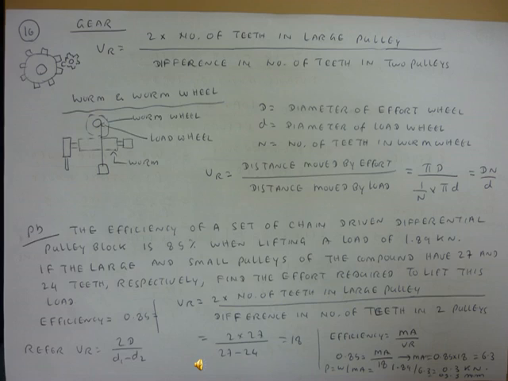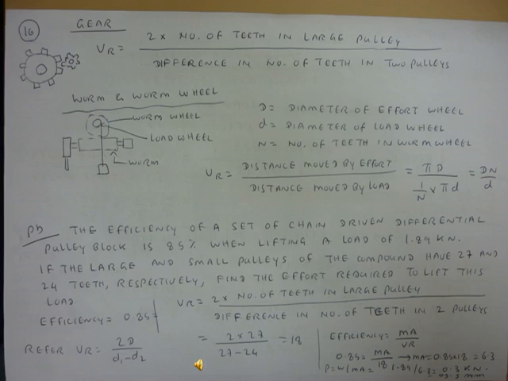So in this case, the chain-driven differential pulley block has efficiency 85%. Now this one has to lift the load of 1.89 kilonewton. There are two pulleys, the large one has 27 teeth and the small one has 24 teeth. So we have to calculate the effort required to lift the load.